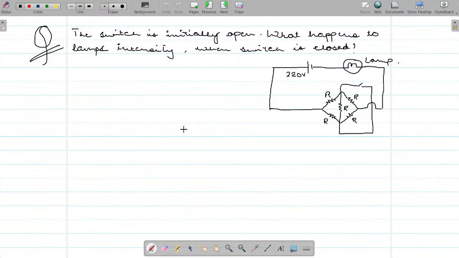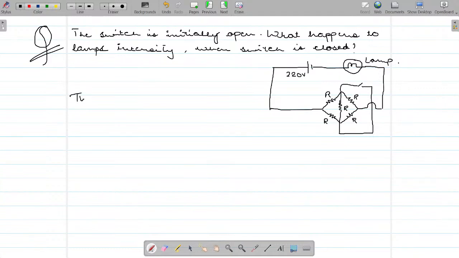Okay. If the switch closes, this resistance would come into play. If this resistance would come into play, by simple logic there should be some change in the intensity of the lamp. But I'm telling you the answer. Explain.